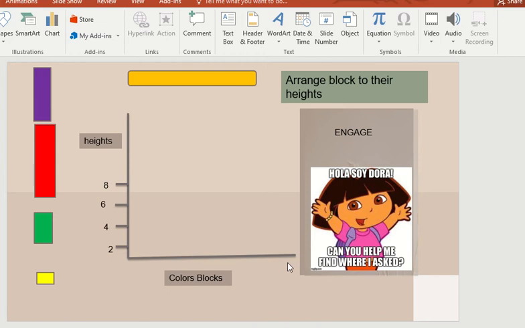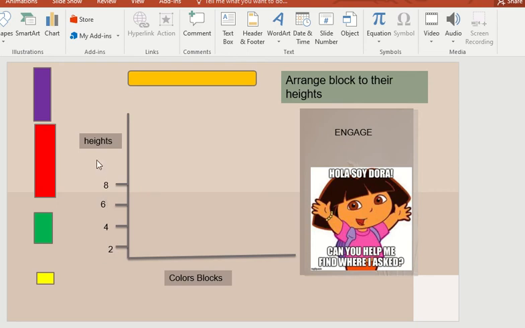Now here, let's see. Here we have, for example, heights, and here we have the scale. This scale is the table of 2: 2, 4, 6, and 8.